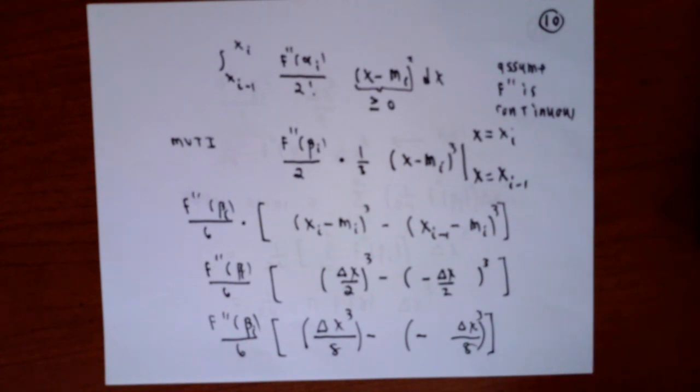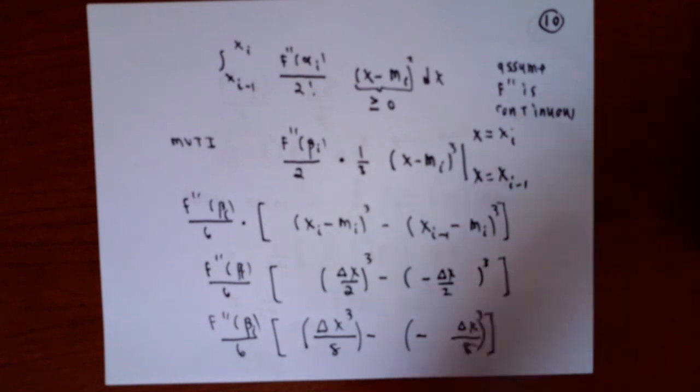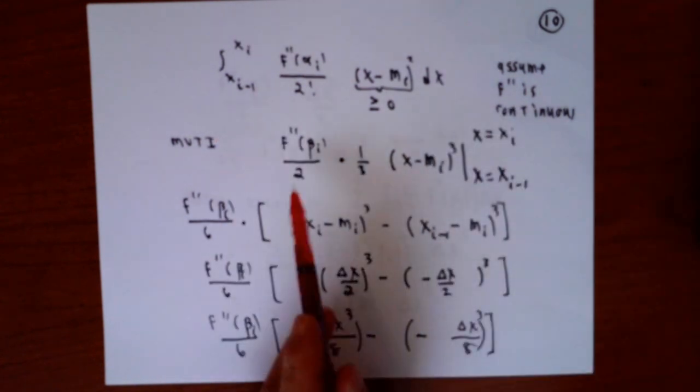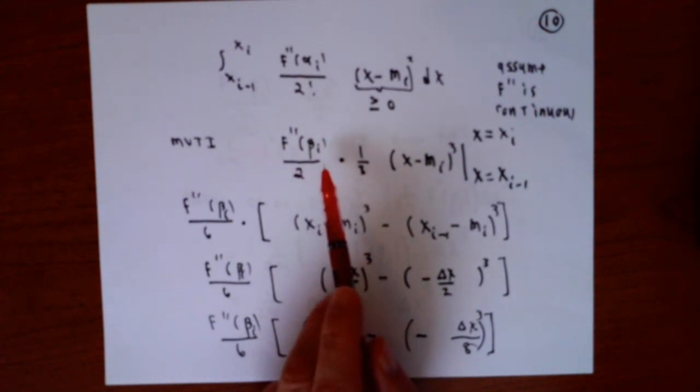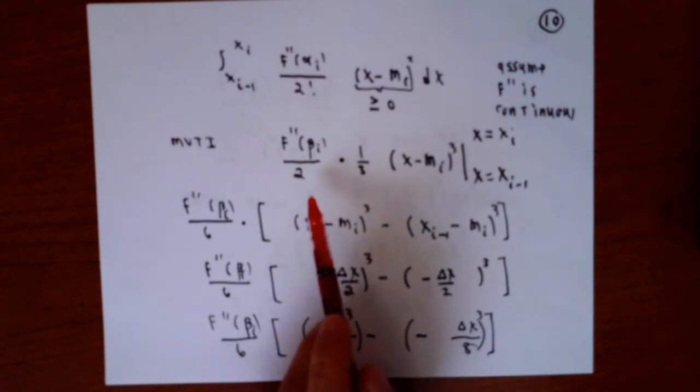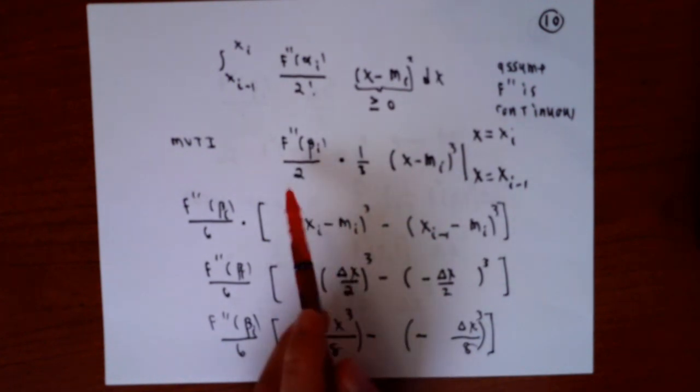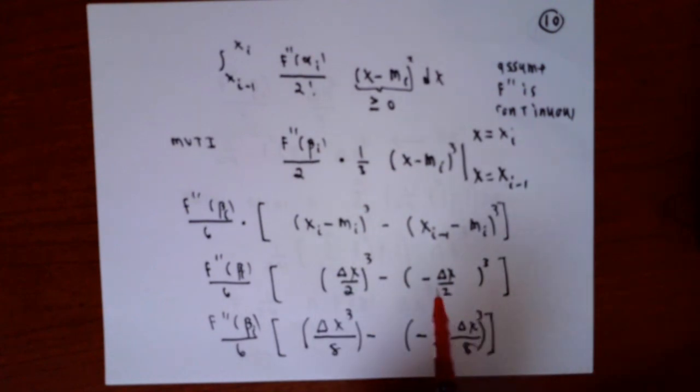X minus mi squared never changes sign on the interval from xi minus 1 to xi, so I can use the mean value theorem for integrals to rewrite this integral as the second derivative of f evaluated at some beta I within subinterval number I divided by 2 factorial, which is 2, and then do the integral of the rest by itself.